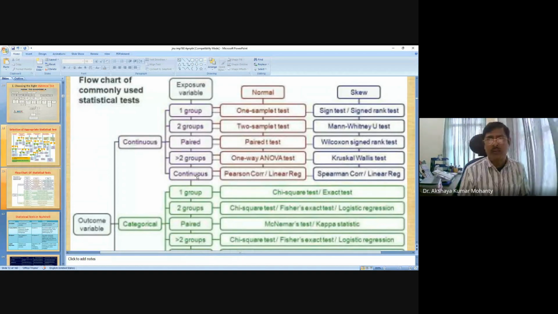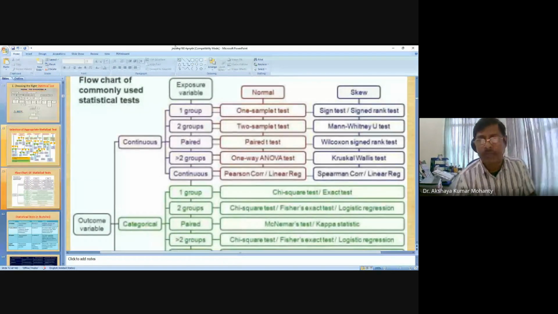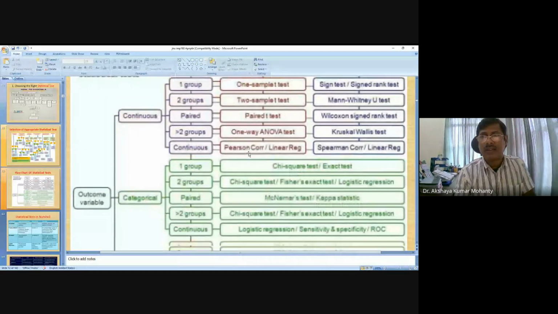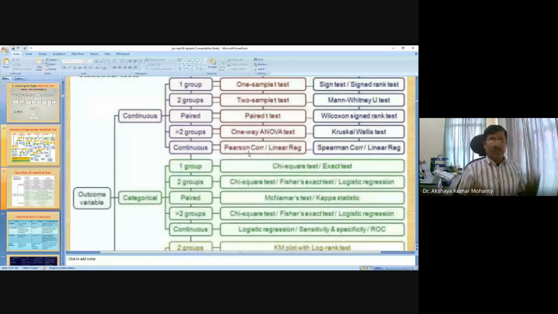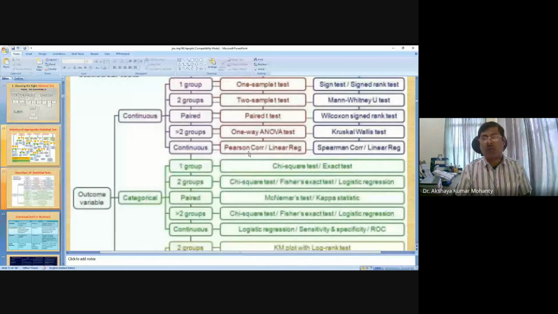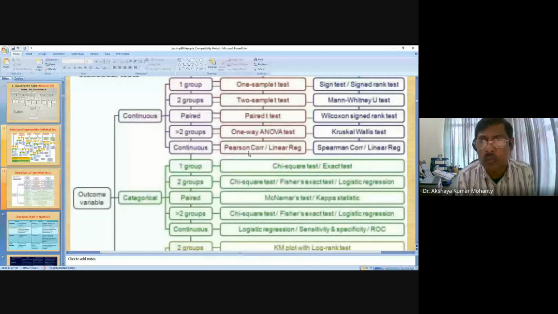The first exposure variable is one group, the second is two groups, the third is the paired group, the fourth is greater than two groups, and the fifth is continuous variables. So now you tell me. If I use the one sample t test, which test do I have to use here? Tell me.